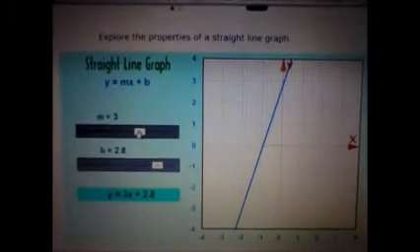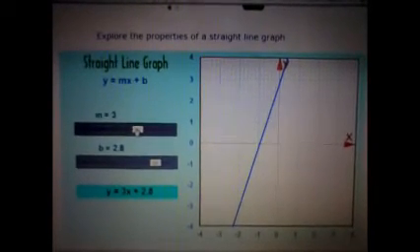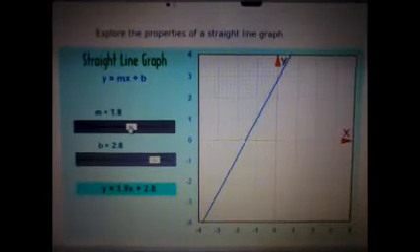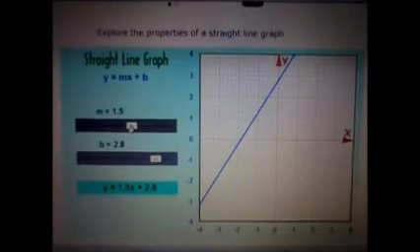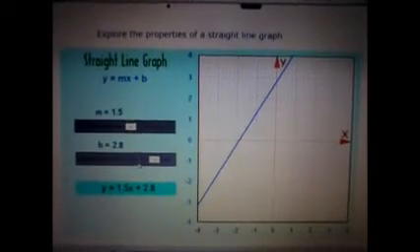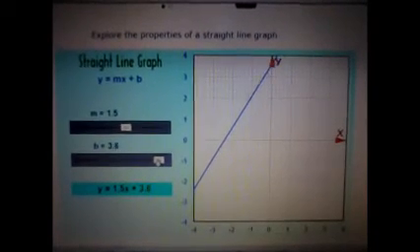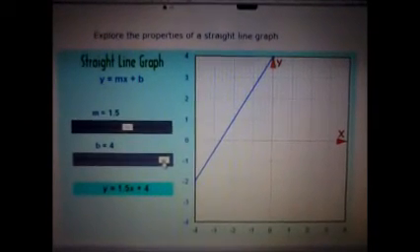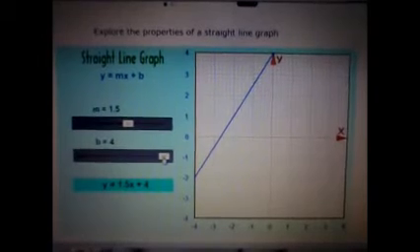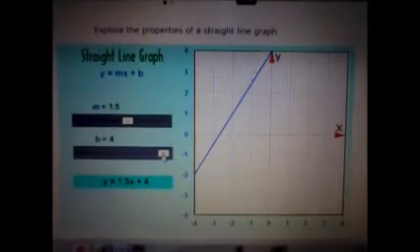Another example, if m is equal to 1.5 and b is equal to 4, then the equation would be y is equal to 1.5x plus 4.